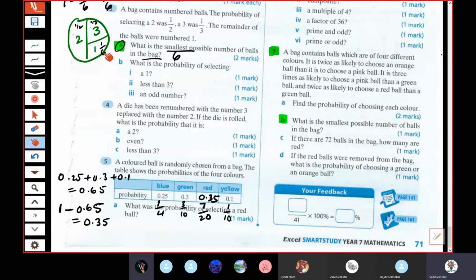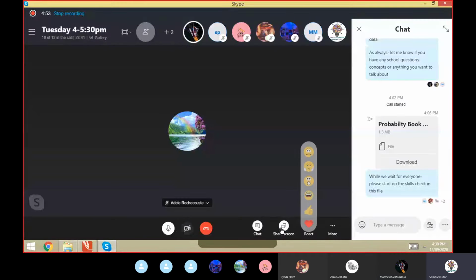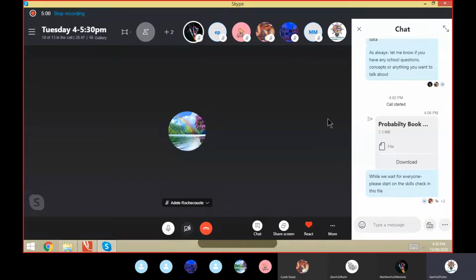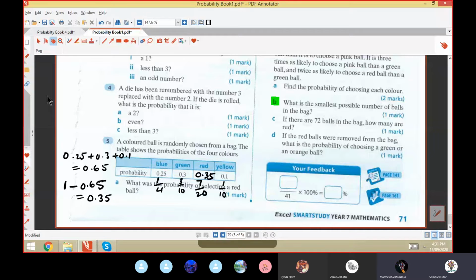Sam, yes, your screen is black. Screen is black. Let's start again. Stop sharing and start sharing. Do you see it now? Oh, it's still black, but it might load in.